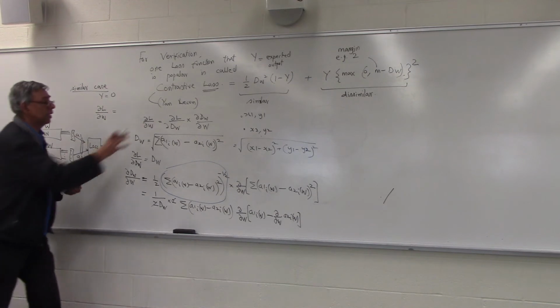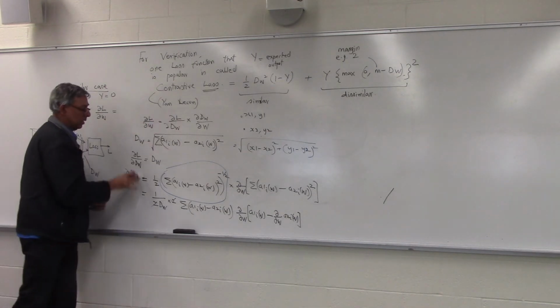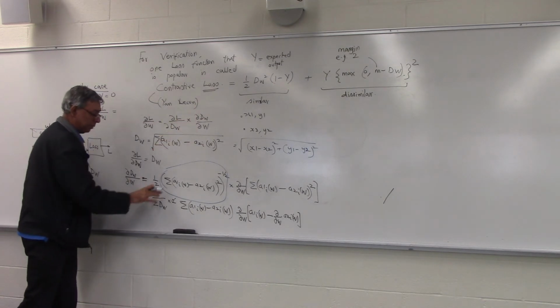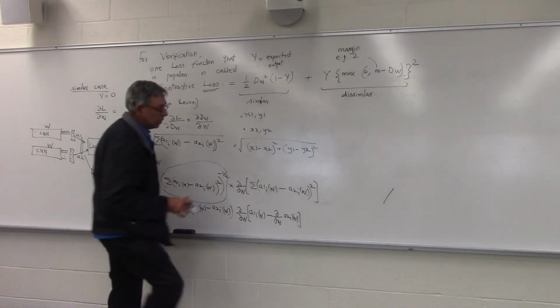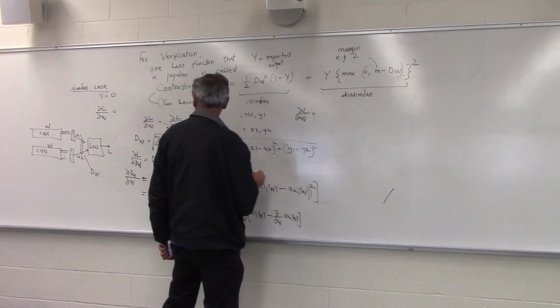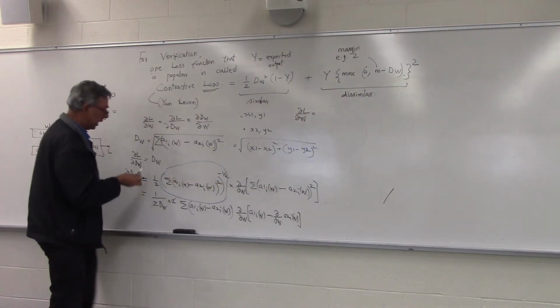Remember this term was dW. So if I multiply this with this, what will happen? Cancel. So partial L over partial W, as you can see, dW cancels.